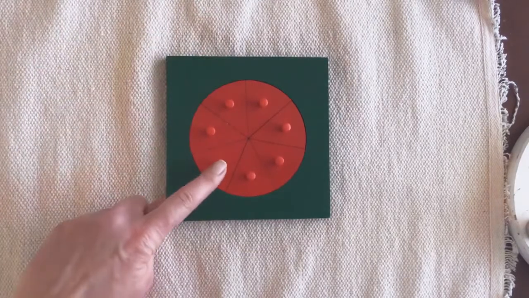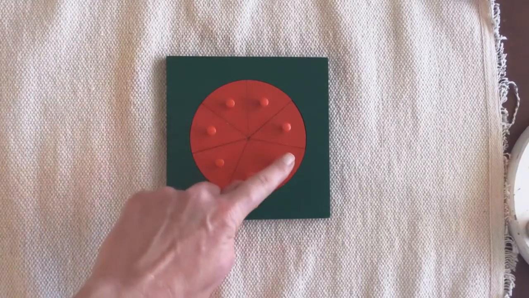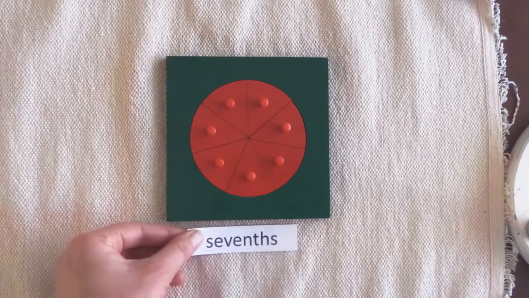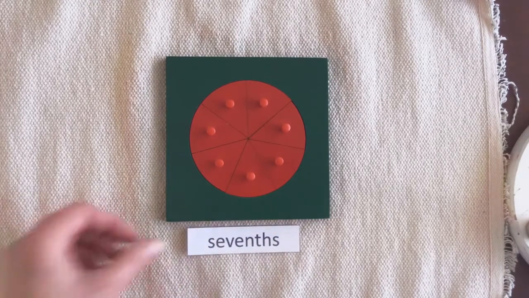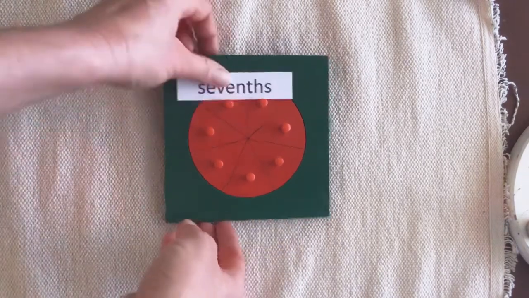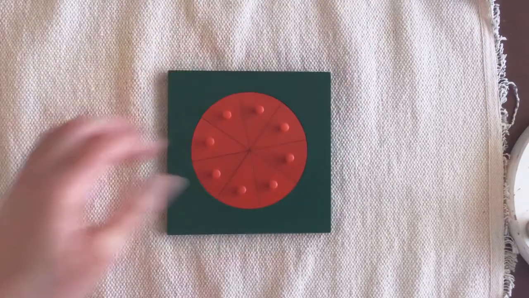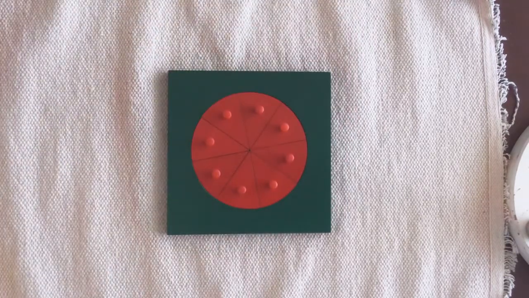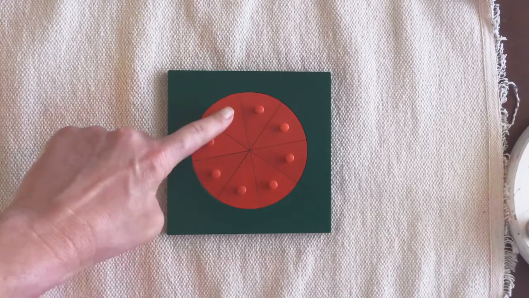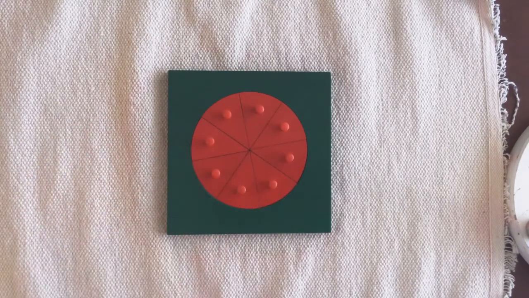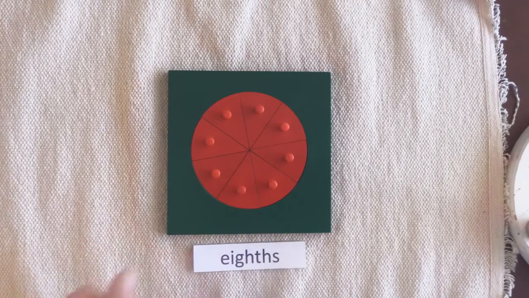Let's count this one. 1, 2, 3, 4, 5, 6, 7. These are the sevenths, divided into 7 equal parts. How about this one? Let's count. 8 equal pieces. Those are the eighths family.